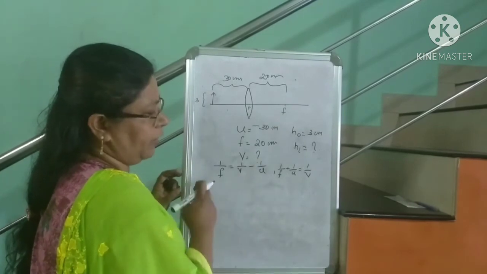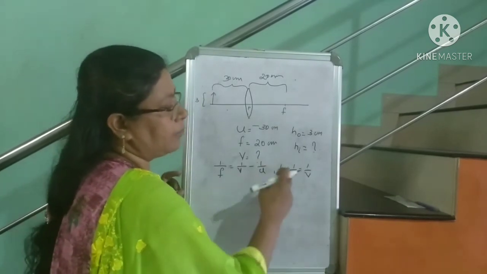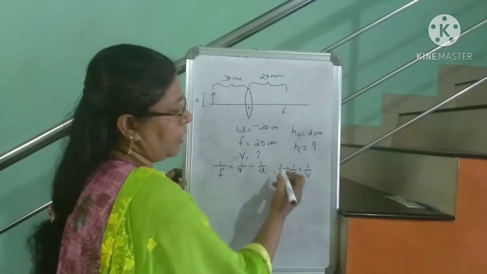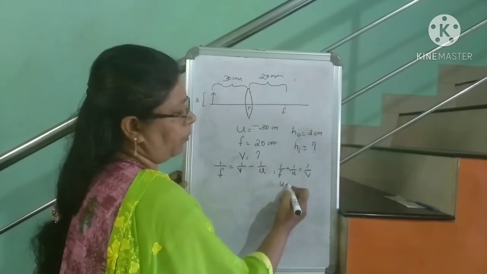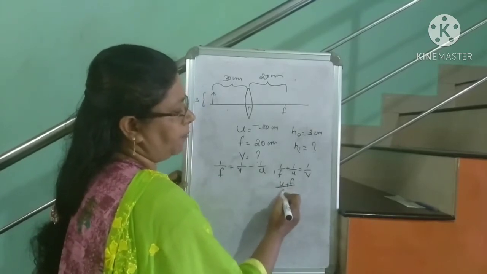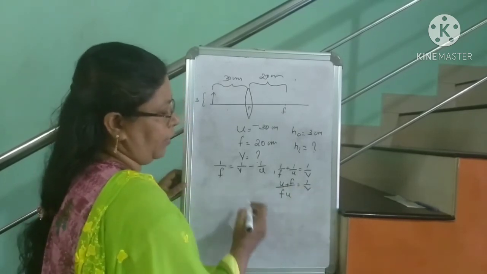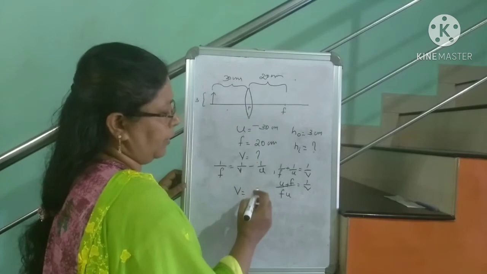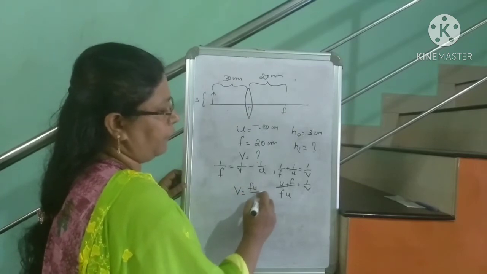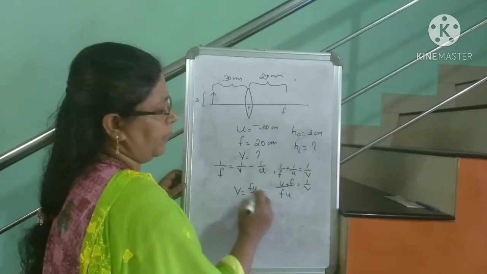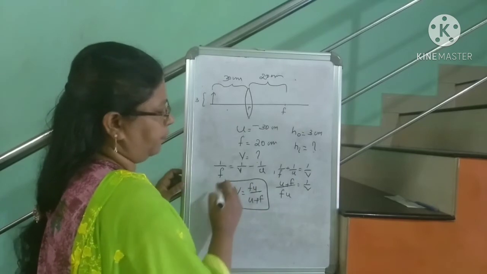Minus 1 by u, when it goes to the left hand side, becomes plus 1 by u. Then you can cross multiply: u plus f by fu is equal to 1 by v, or v is equal to fu by u plus f. This is the formula.